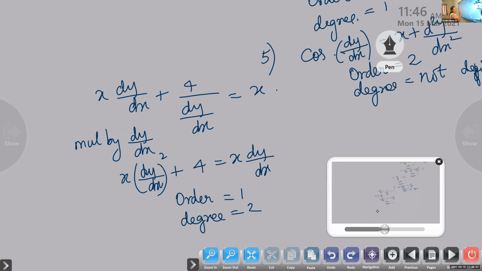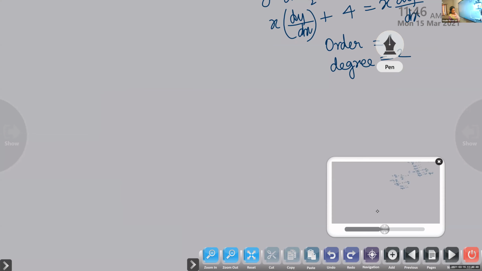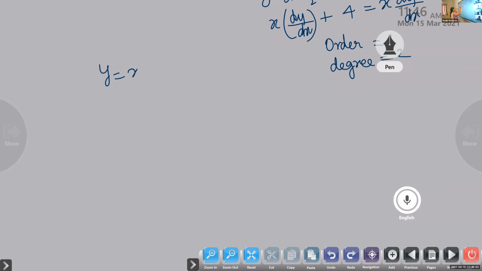Now write the next one. y is equal to x dy by dx plus a into root of 1 plus dy by dx, the whole square. This model is important, children.